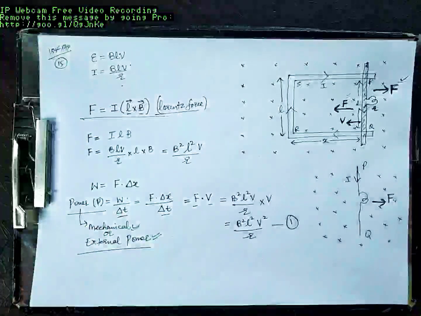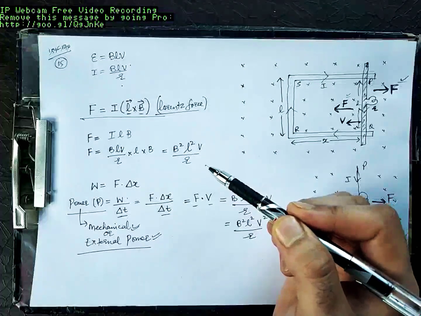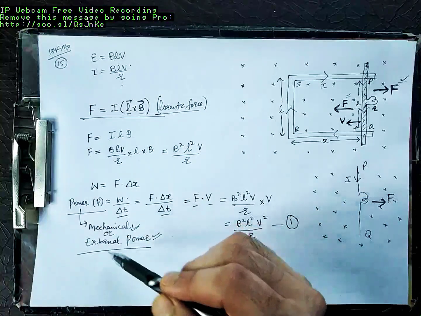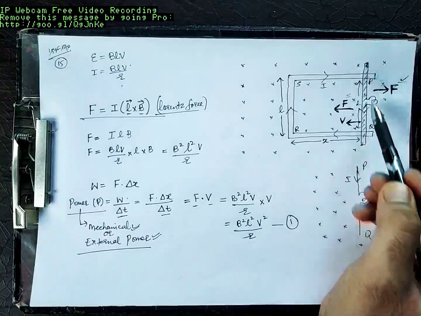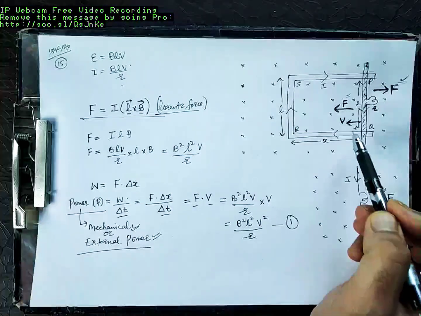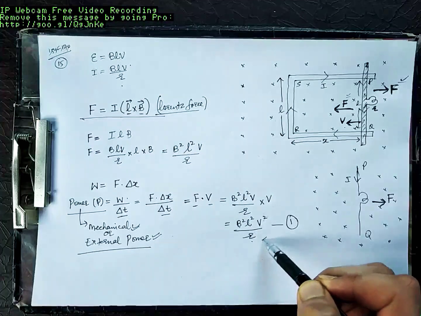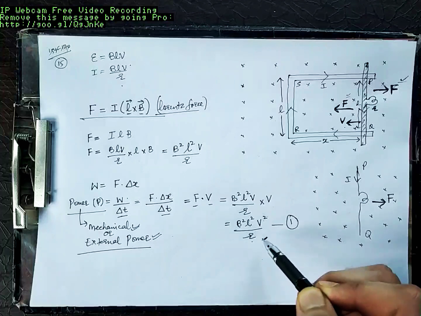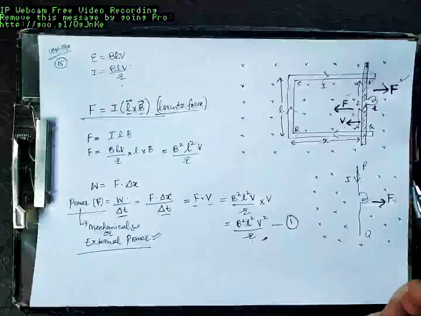I repeat my words. What I am saying here is the mechanical power or the external power that I am spending to move this conductor PQ towards left with a velocity v, that is B square L square V square divided by R. This is the external mechanical power that I am putting in to move this conductor PQ towards left. Then I am asking you a question.